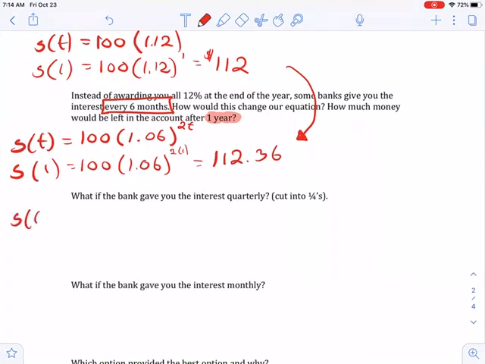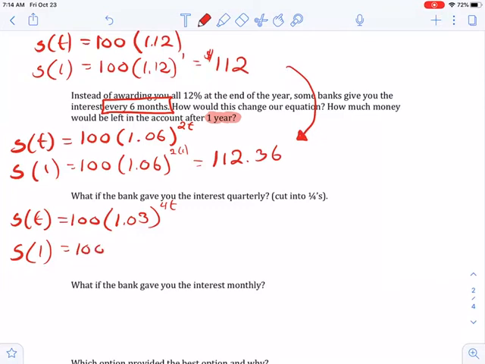So if we're compounding quarterly, how would that change our equation? Again, they're not going to give us 12% 4 times a year. I'm going to take that 12% and divide it by 4, and then here I'm going to put 4t in my exponent, because they're going to be paying out 4 times a year.